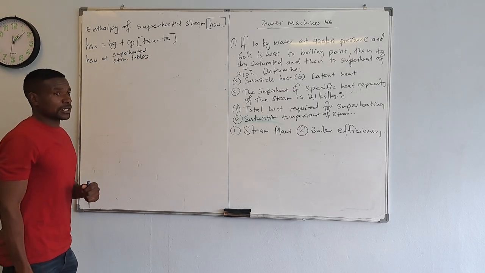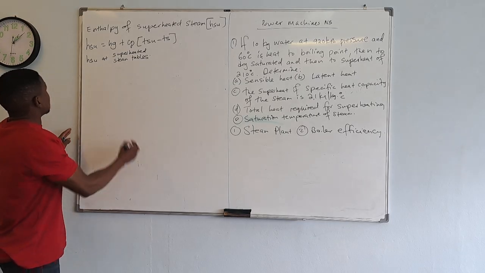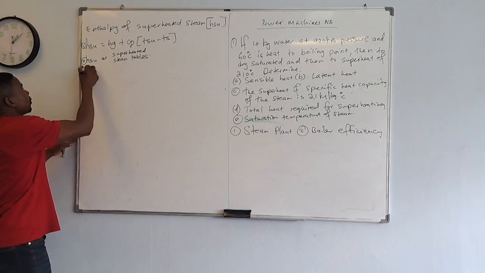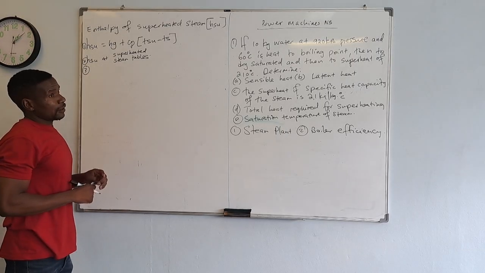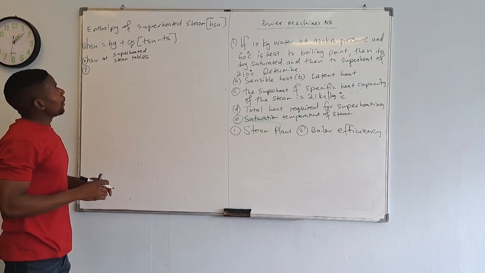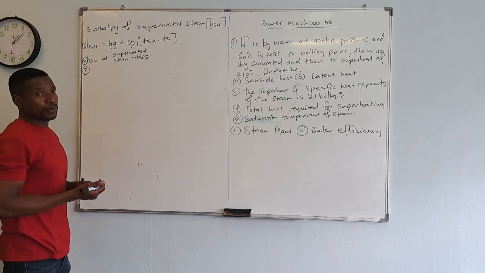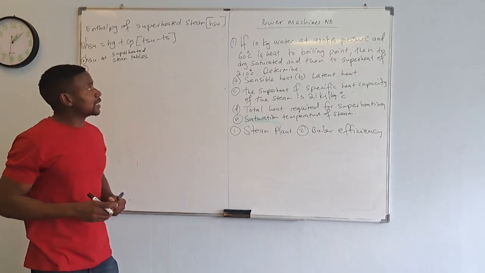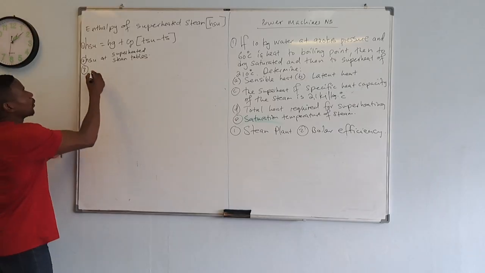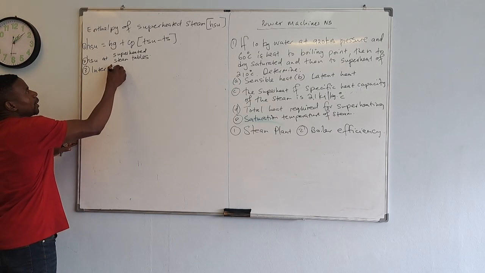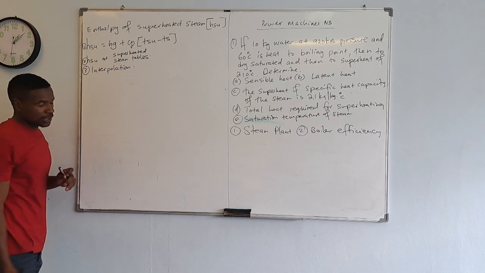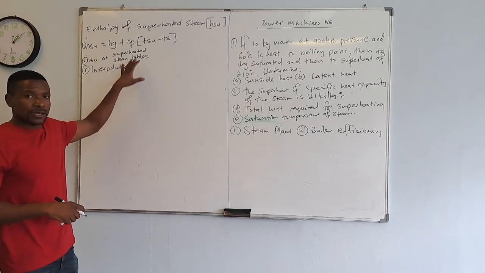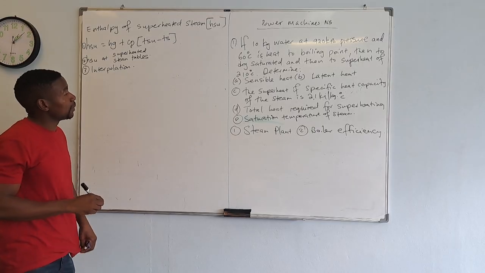The third option occurs this way: you will find that the pressure that is given might not be on the steam table, or the temperature is not given on the steam table. So how do we address such a situation? We can solve that problem by means of interpolation. Today we are going to address all these three challenges.